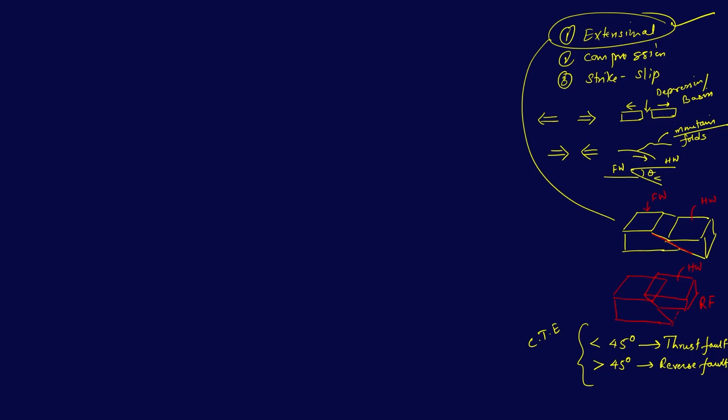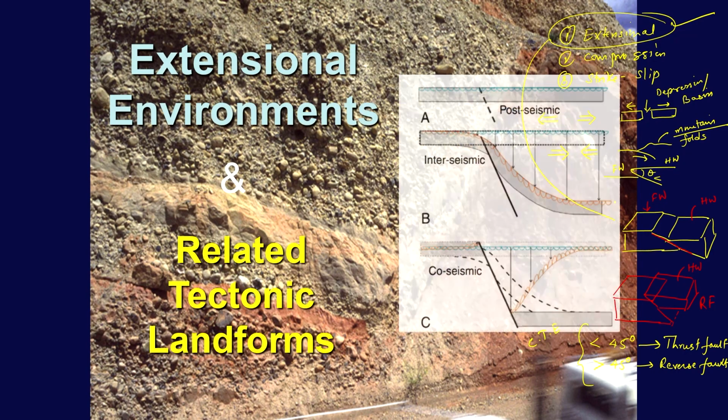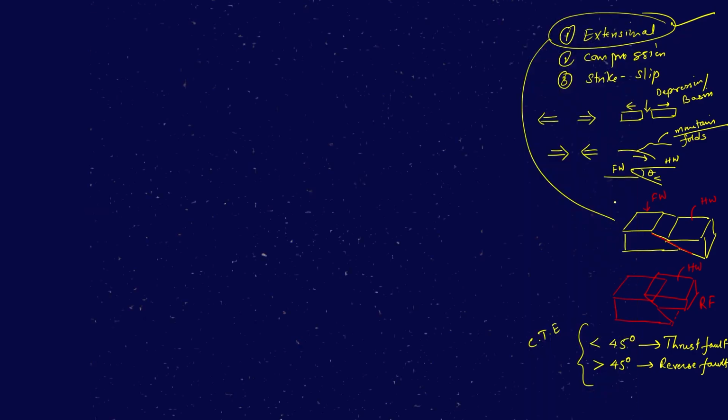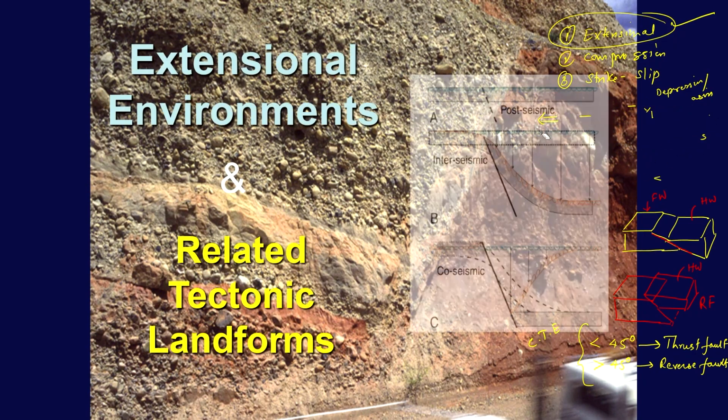In this lecture, we will also discuss how scarps are formed, and the process of degradation also, because that part is important when we are talking about paleoseismic investigations. So, basically what you see here is a typical example of extensional tectonics, where the block has moved down.